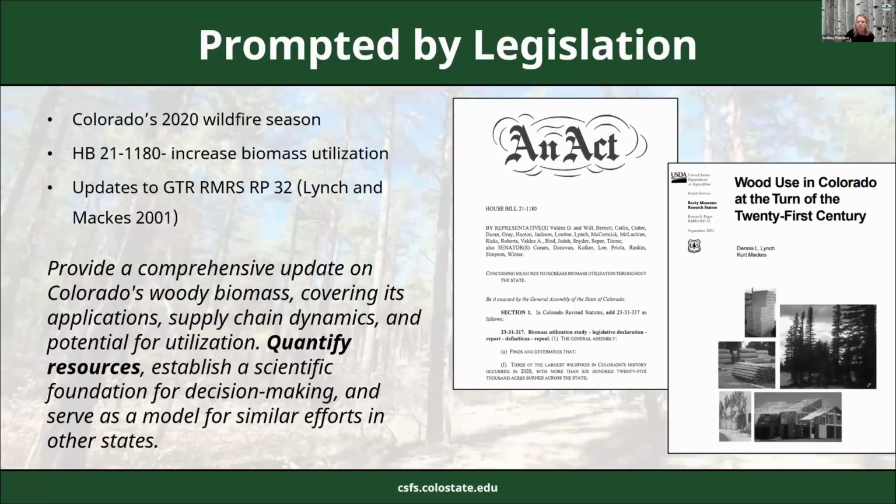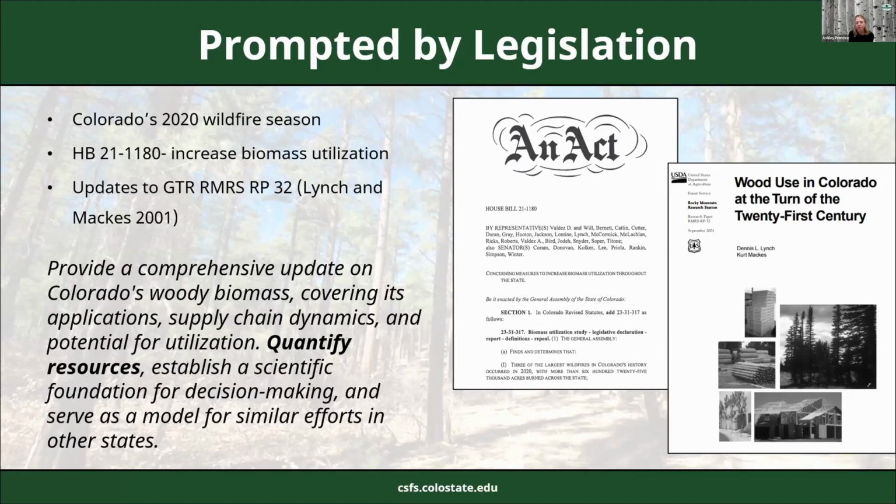So some of the motivation behind this project: Colorado's 2020 wildfire season had multiple record-breaking wildfires with devastating impacts to several communities. And these events underscored the urgent need for new and innovative wildfire mitigation strategies.